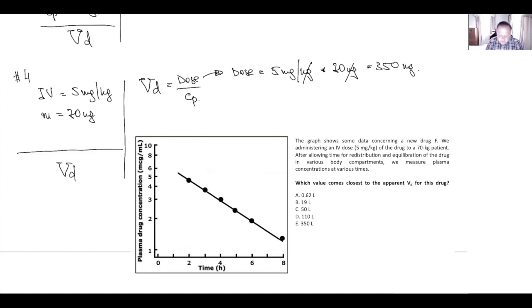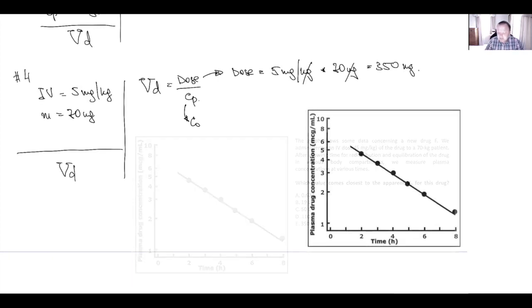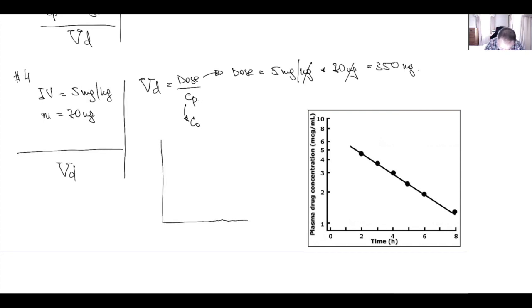So we have the first number. But what about plasma concentration? Plasma concentration at 0 time, when elimination has not started yet. If you have a look at this graph, you will see this line and dots representing the decrease in plasma concentration.